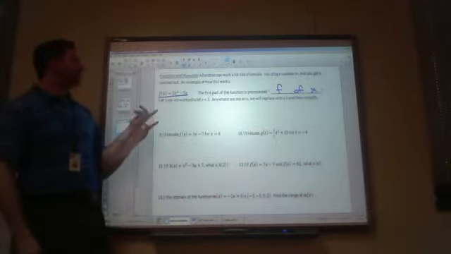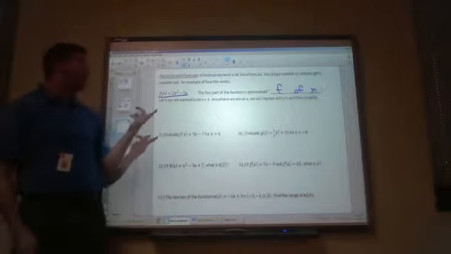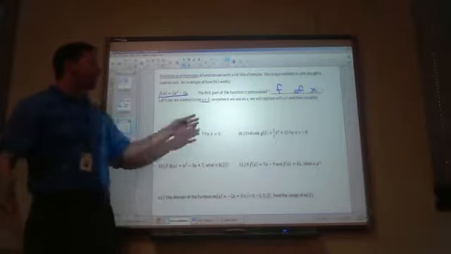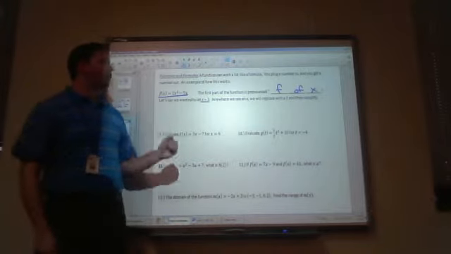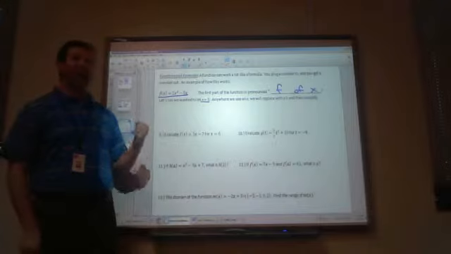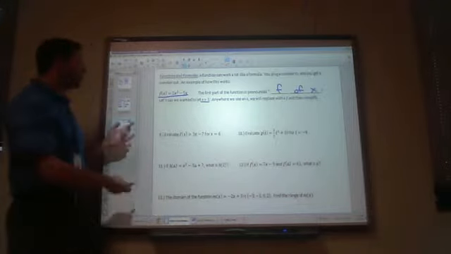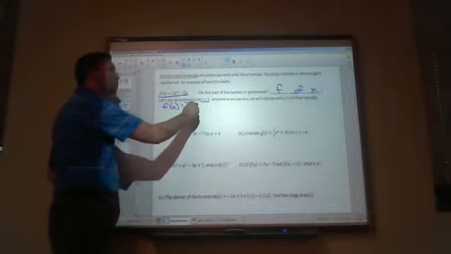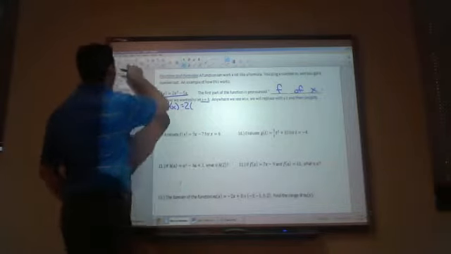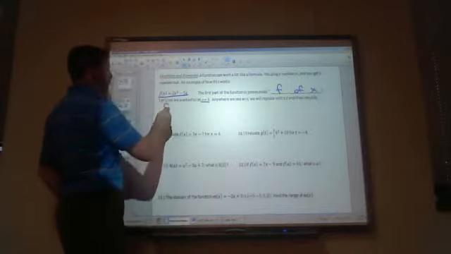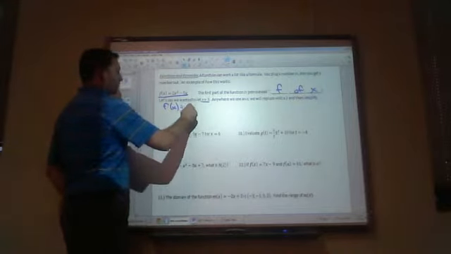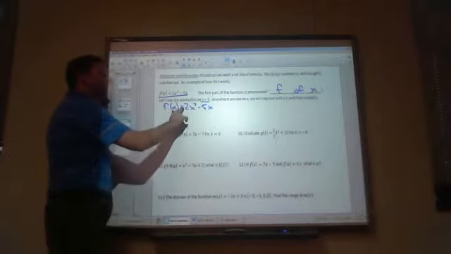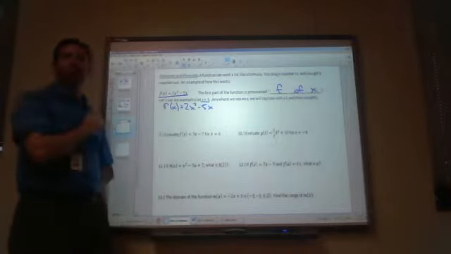The way that this works is we can plug a number in for the x. So let's say we wanted to let x be equal to 3. It says anywhere where we see an x, we're going to replace it with the number 3 and then simplify. So I'm going to take this equation, f of x equals 2x squared minus 5x, and anywhere in that equation where I see an x, I'm going to replace it with a 3.